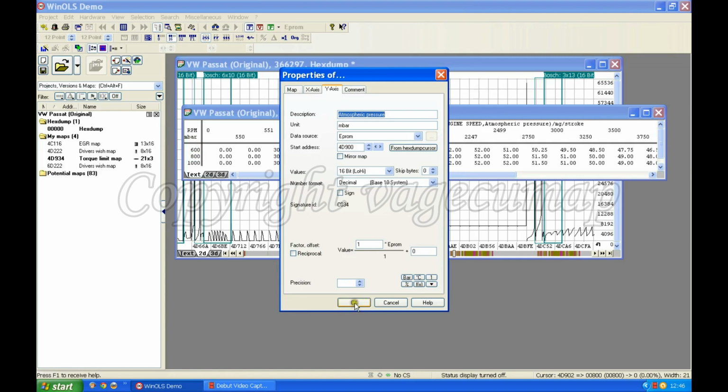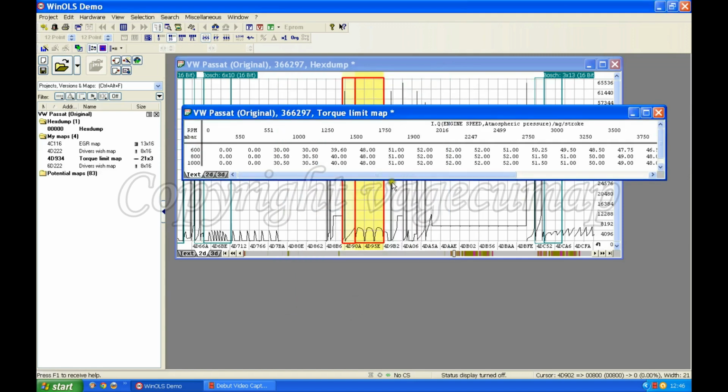Now if I just say OK and we look at that, does it really make much difference? Well, not a lot. But look what they've done. When you're driving around at sea level, these are the figures in this row, and if you go to a part of the world that's much higher in the air, you've got a slight limiting effect. 40 will be limited to 39.6, not a lot. 51 has been limited to 49.5.